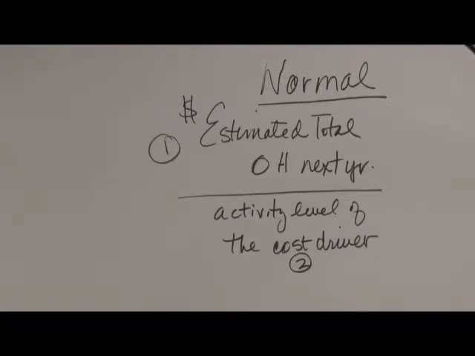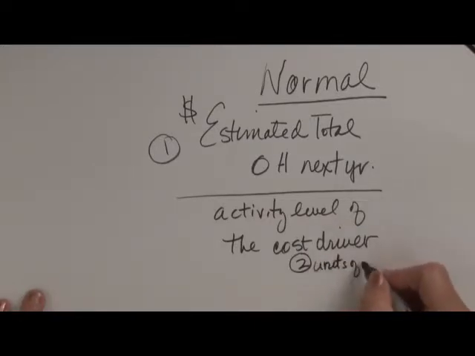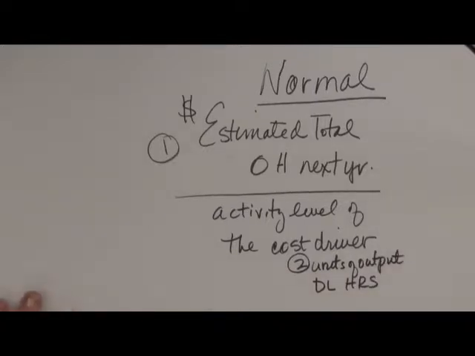What is it that has a strong cause and effect relationship with overhead cost? Now, in this system, it may be units of output would be one example. Another company might use direct labor hours if it's a labor-intensive company.